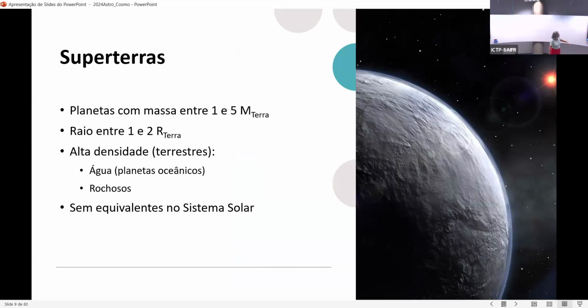Then super Earths are planets with masses between 1 and 5 Earth masses, radii between 1 and 2 Earth radii, and they are rocky. So they are terrestrial planets, but with a much larger mass than Earth.